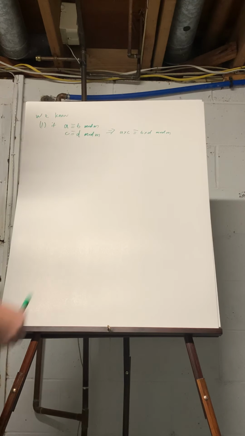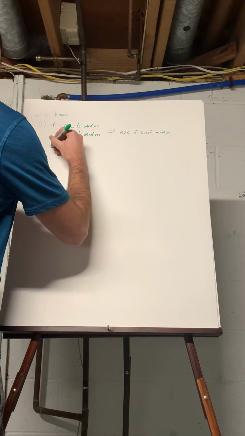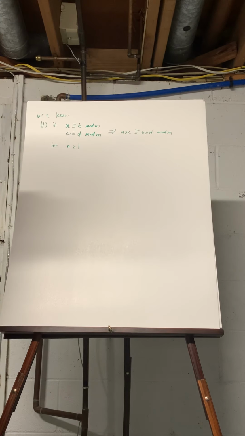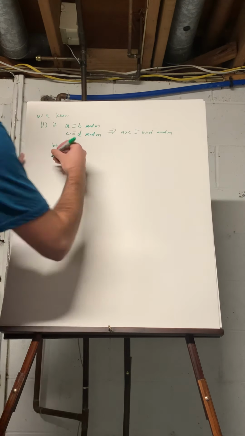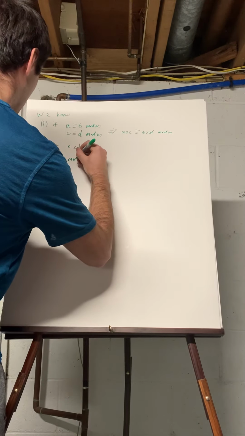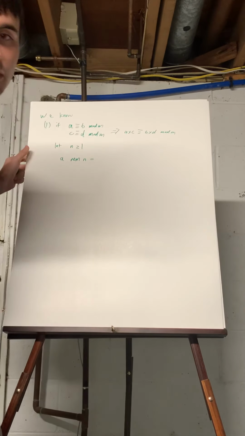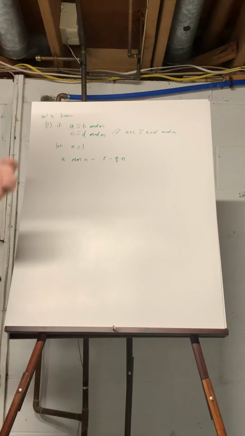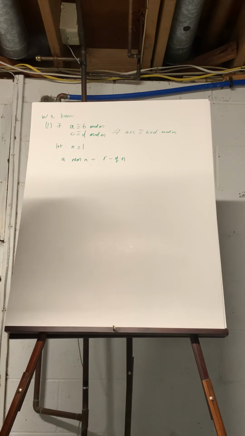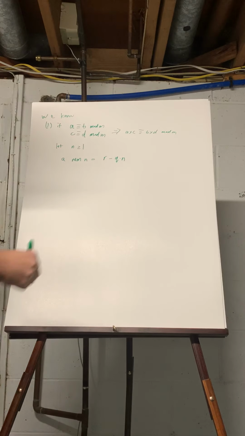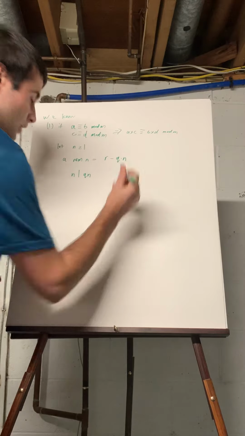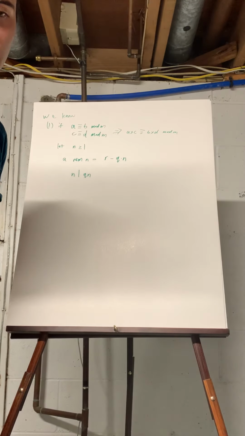Alright, so to start off, for this lemma, we're going to say let n be greater than or equal to 1, because we need our n to be greater than or equal to 1, and any prime number is greater than 1 anyway. So we know that a rem n is equal to a minus q times n by the definition of a remainder. From here we can say that n divides qn by the definition of divisibility.